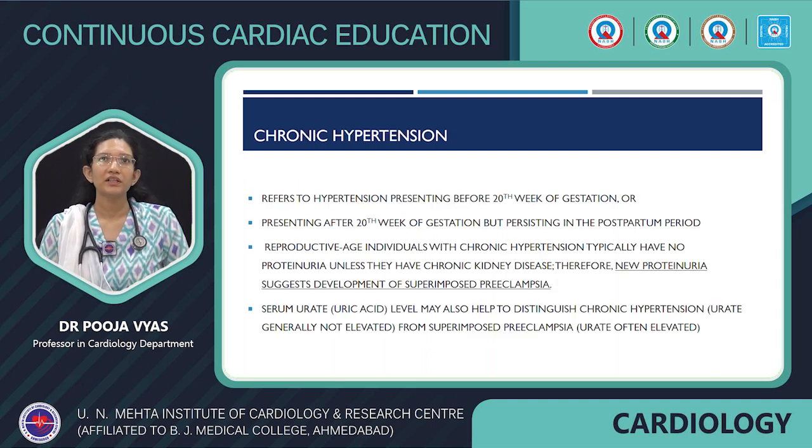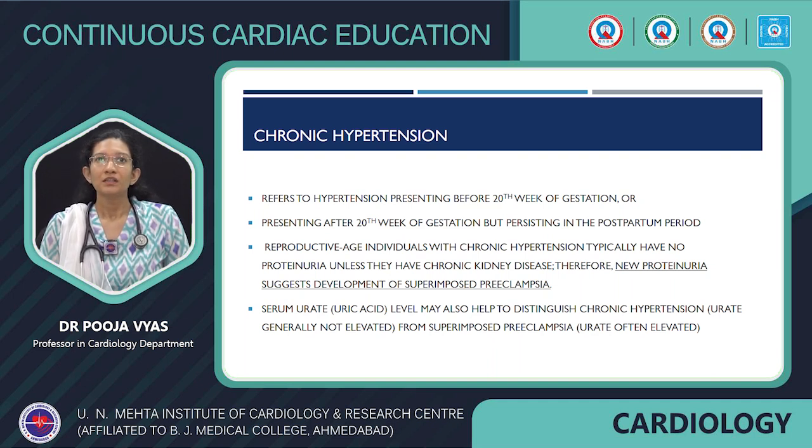Then comes chronic hypertension. When we diagnose hypertension which presents before 20 weeks of gestation, it is chronic hypertension, or it presents after 20 weeks of gestation but persists in the postpartum period. It is also called chronic hypertension.